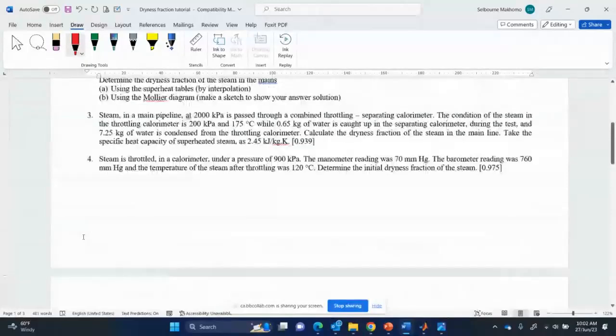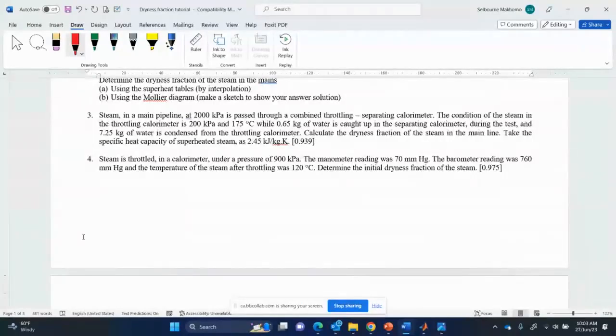Now, question 5 and 6. The question never said anything about the atmospheric conditions. But in actual fact, when we do an experiment, we have to consider atmospheric conditions, in other words, atmospheric pressure. And then we don't use gauge pressures, we use absolute pressures.